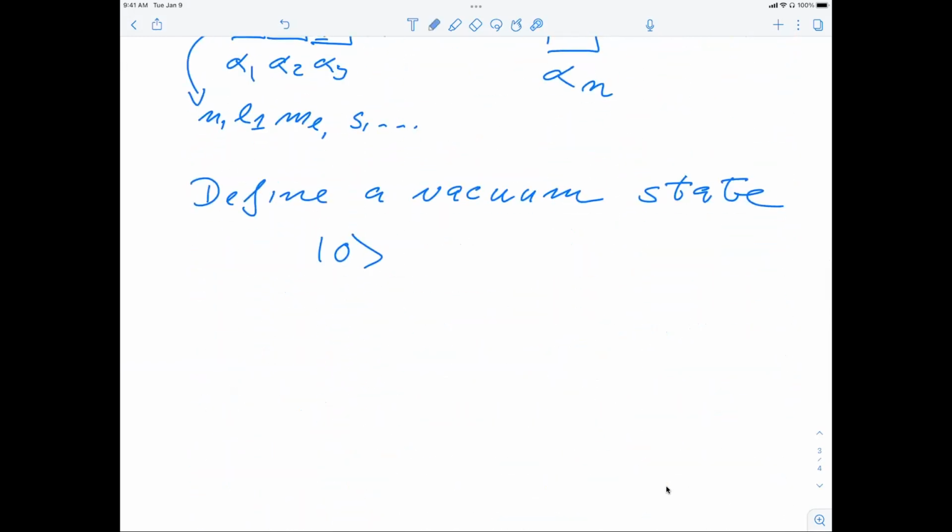So we would define such a vacuum state, and then we are going to define a one-body operator, which is called a creation operator. And this creation operator is something which we're going to define like an a, and it's going to refer to one of these quantum numbers which we have.